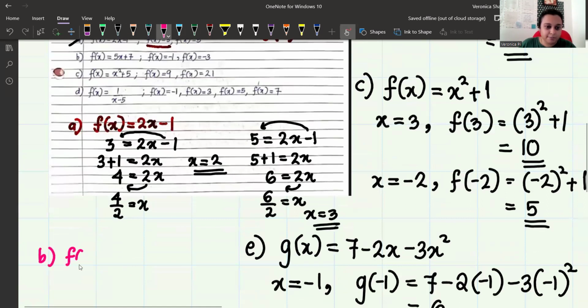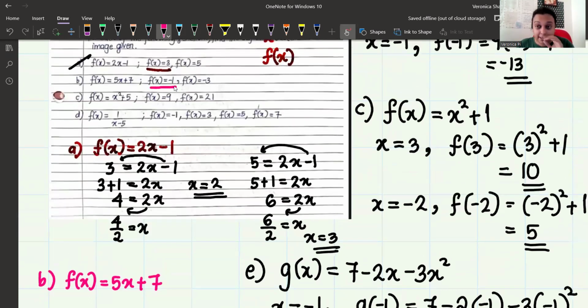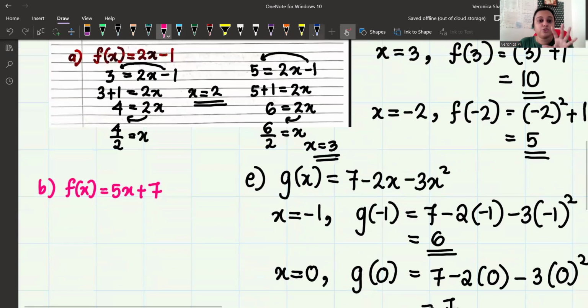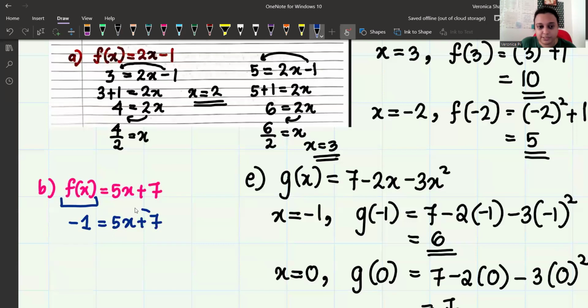Now B, teacher does at the bottom here. Okay, B, let me copy down first. f(x) is 5x plus 7. The first image is -1. So teacher replaces with -1. Where to replace? Replace the whole thing. This whole thing will be -1. Now move the 7 to the front. So -1 minus 7, correct?